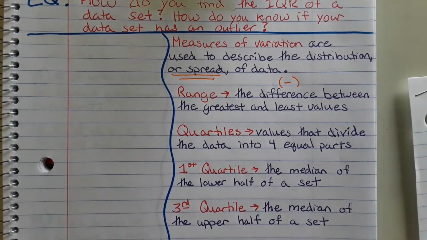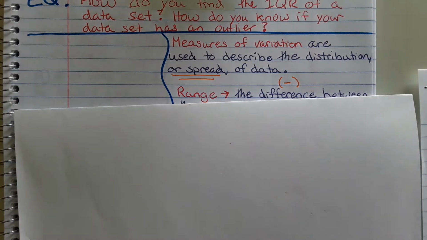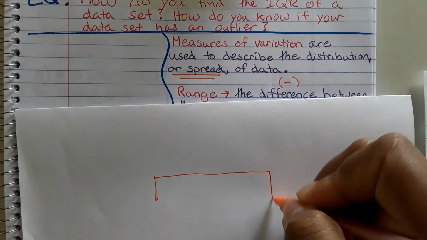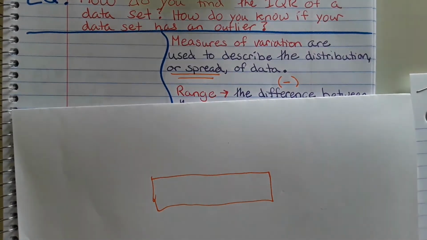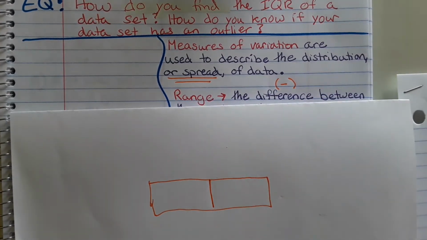When you're thinking of quartiles, I'm just going to take this piece of paper to model it for you. We have our numbers, just a set of numbers. And basically, you're going to be splitting those numbers into 4 groups. A lot of times we split data in half, and that would be when we find our median.